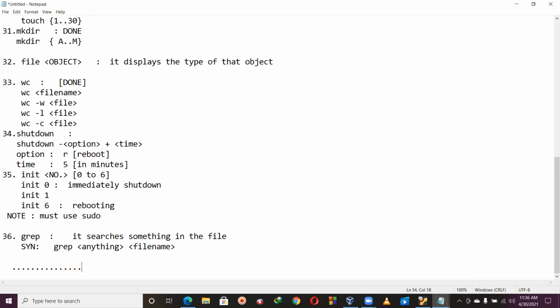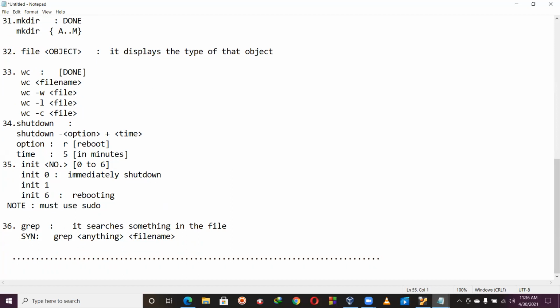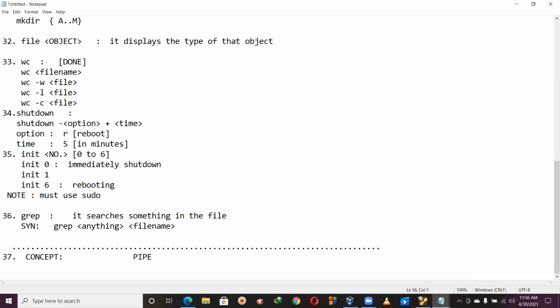Here, command number 37. This is the concept, not a command. Remember. So the concept is about pipe. Very, very important things.